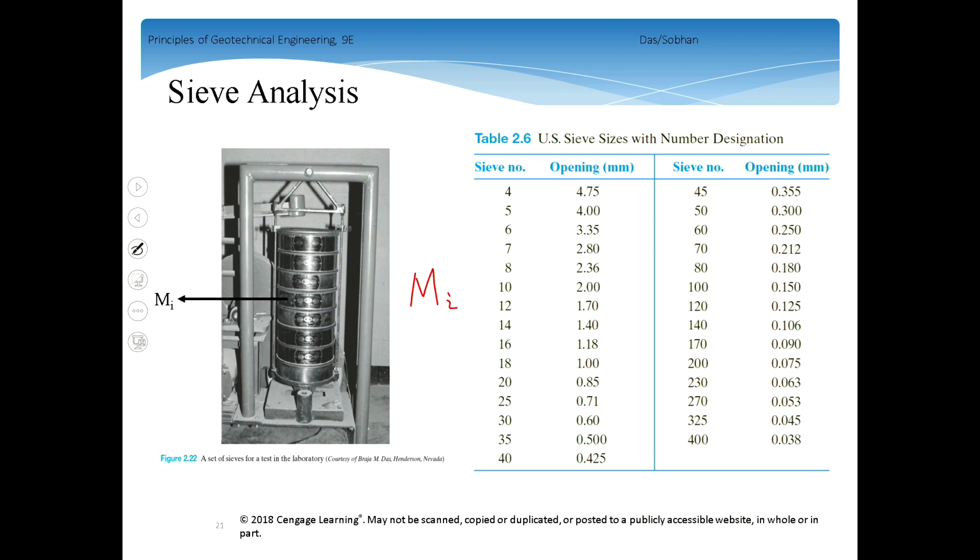The percentage is M_i divided by the total M. This is not the percentage, because for the particle size distribution, the percentage here is actually a constant.